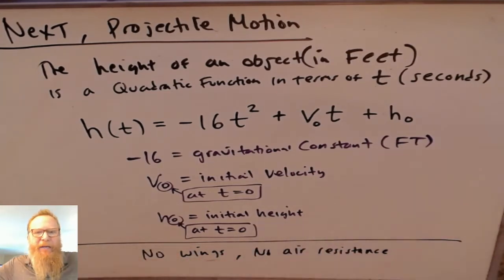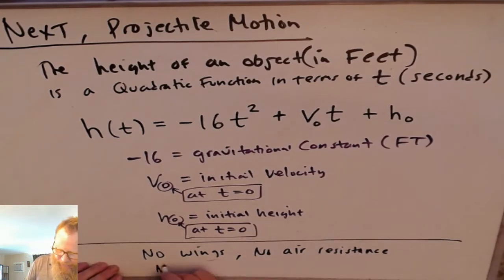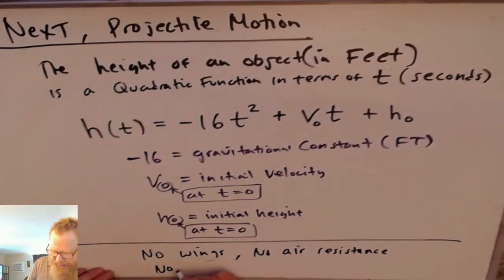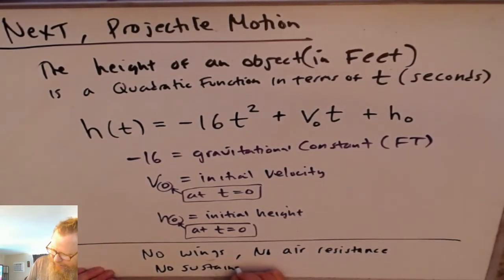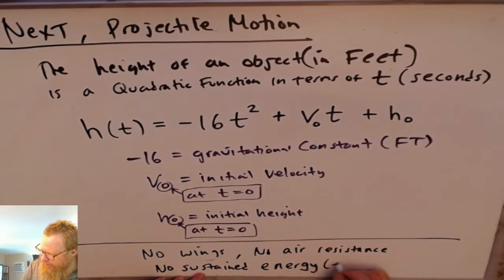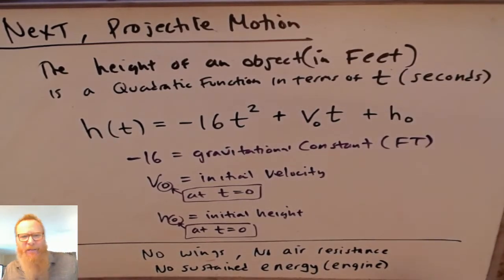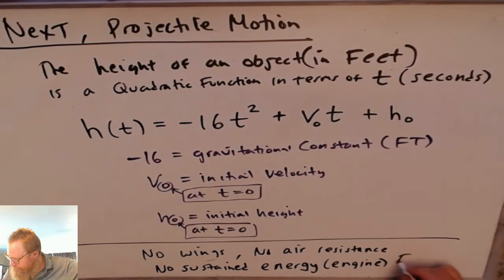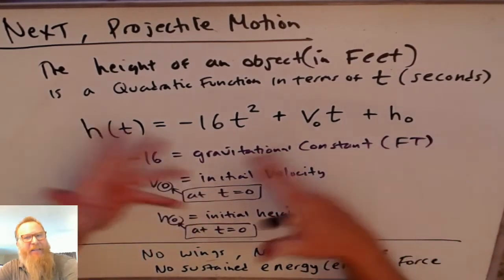There would be no wings so that you can't flap. There's no sustained flight or sustained energy such as an engine, because if you have an engine and it's actually putting out some force, then that's going to affect this formula.